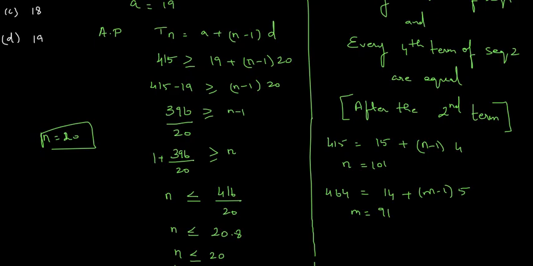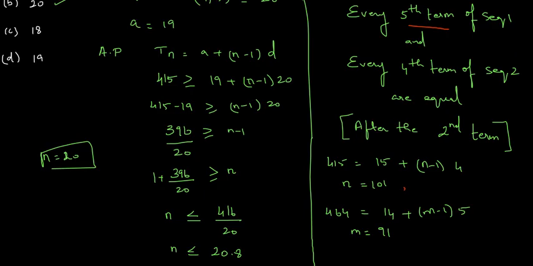So you can see that starting from the third term, that is after the second term, sequence 1 has 101 terms, and sequence 2 has 91. But what we are doing is dividing by 5, because every fifth term of the first sequence is equal and every fourth term of the second.